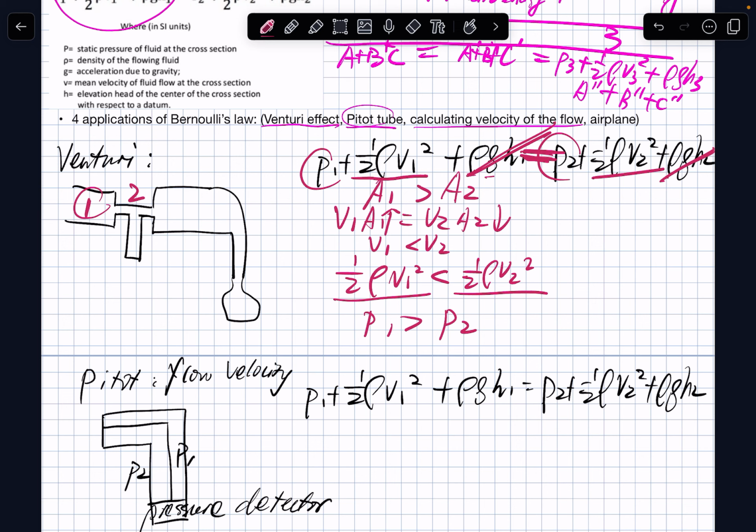If P1 is larger than P2, there's more pressure here, which means if I have some gas molecule in there, due to the lower pressure at P2, these things can sneak out and go there, and my beaker can collect it. So it's like a vacuum that sucks out the molecules in this setting due to the lower pressure at point 2. All right, so this is the Venturi effect.